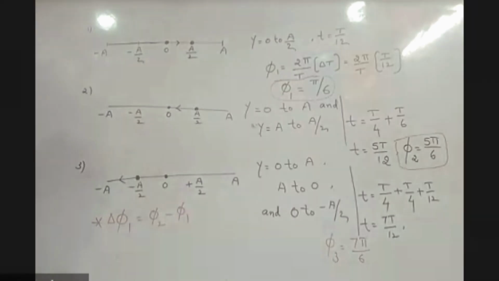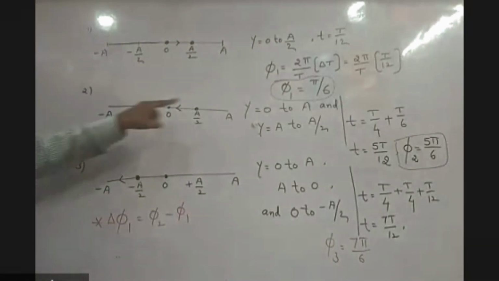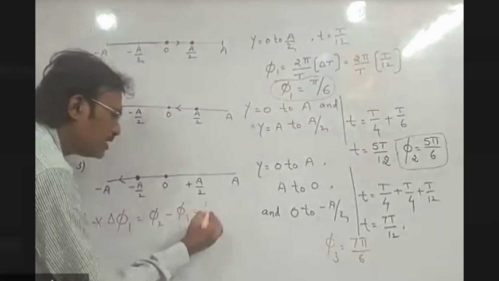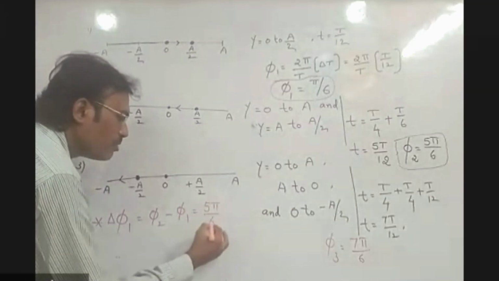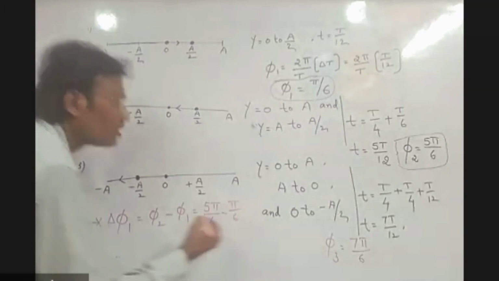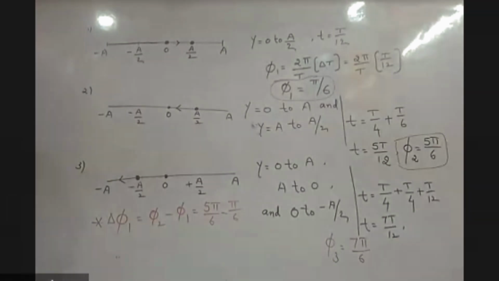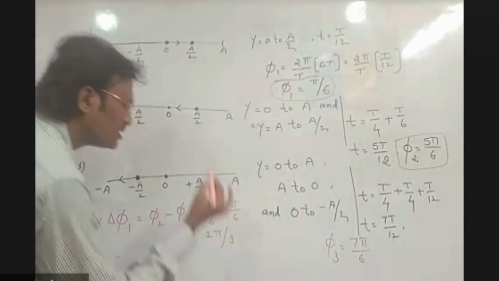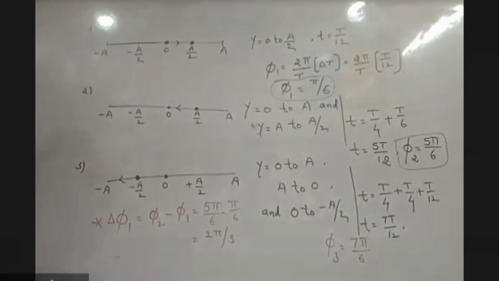That is pi by 6 minus pi by 6, wait, 5 pi by 6 minus pi by 6, and that is nothing but 4 pi by 6, which is 2 pi by 3. This is the phase difference between 1 and 2.